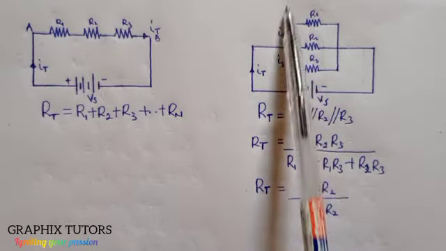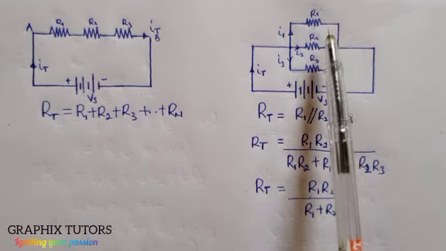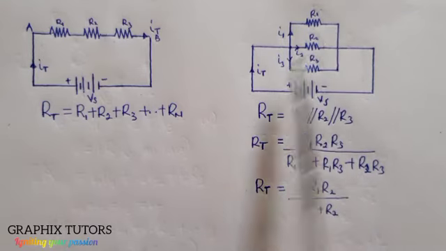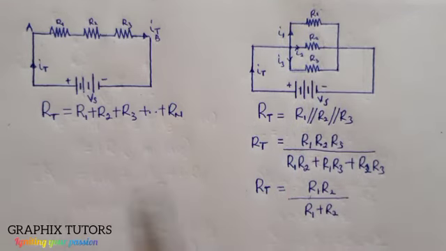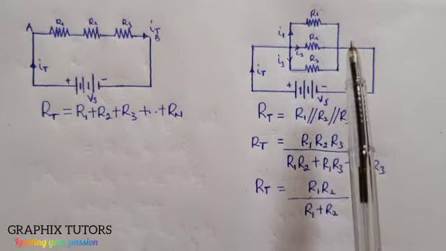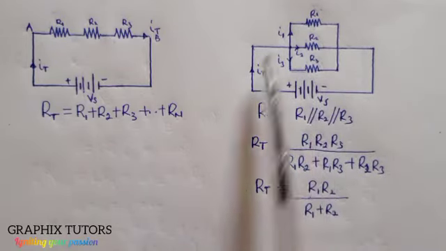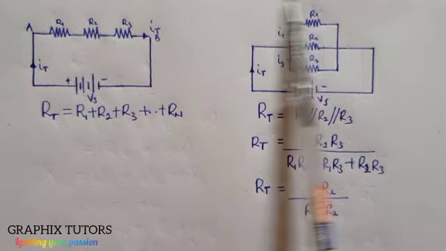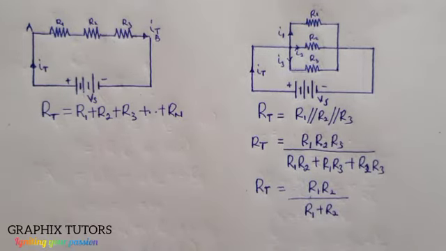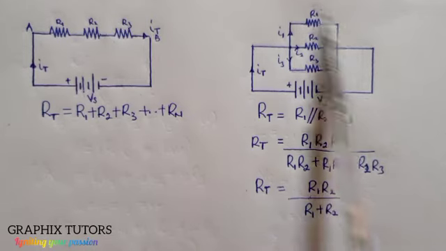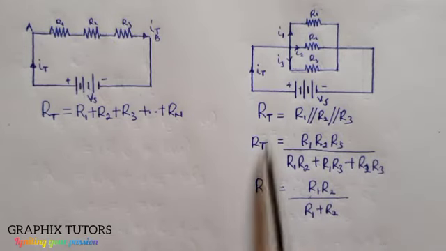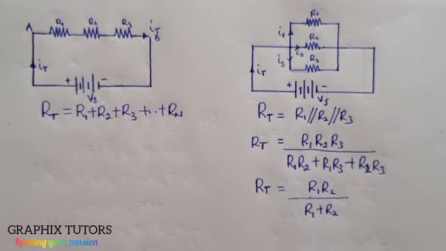For instance, if R1 is bad, it doesn't stop R2 or R3 from receiving current. If R2 is bad, it doesn't stop. If R1 and R2 are bad, it doesn't stop R3 from receiving current. And this is how we connect our home appliances. That is why if our TV is bad, it doesn't stop our radio from working. Or if one bulb in our house gets burnt, it doesn't stop the rest of the bulbs from working.